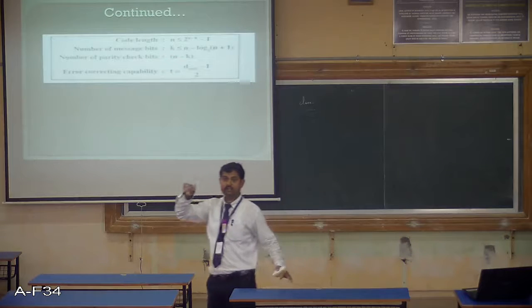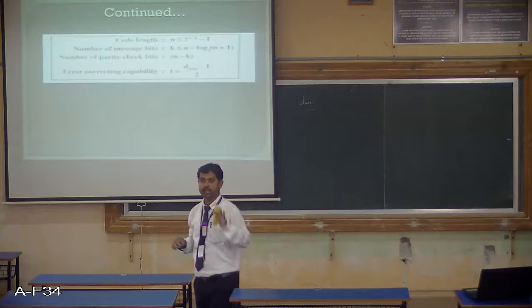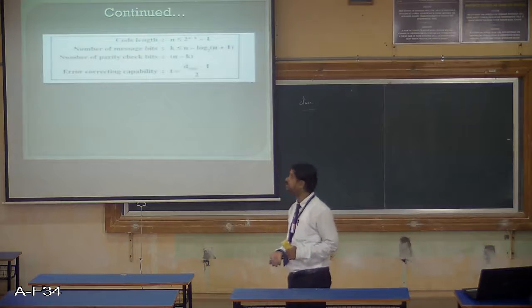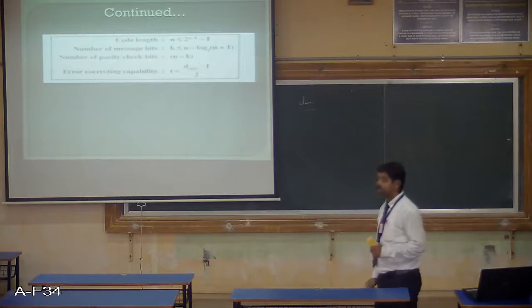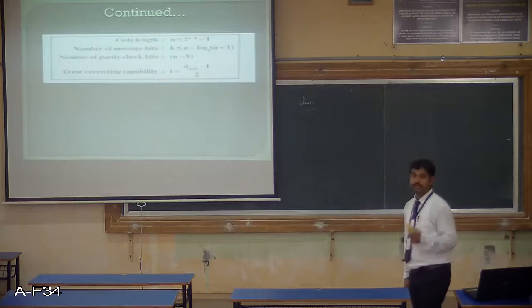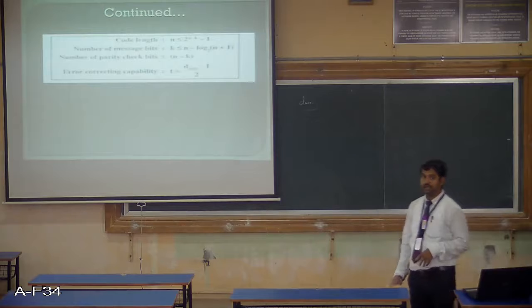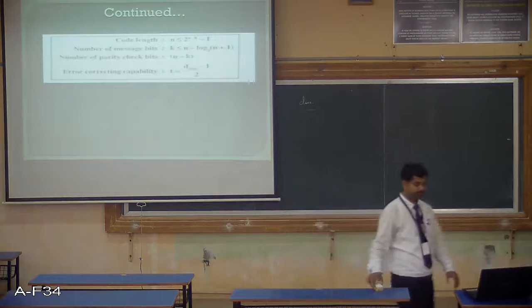You should remember this, as it will help you assume certain parameters while calculating. Next, the number of message bits is k. Next, the number of parity check bits, you know, is always n minus k. And the error correction capability is D minimum minus 1 by 2.